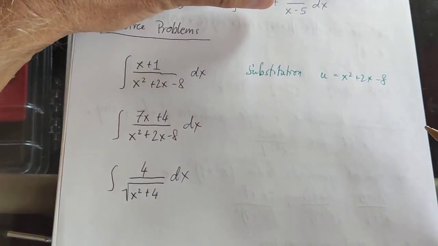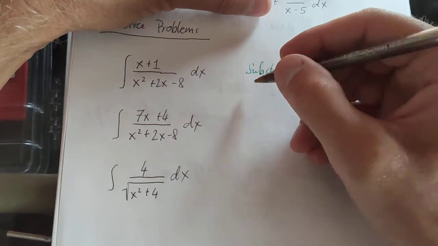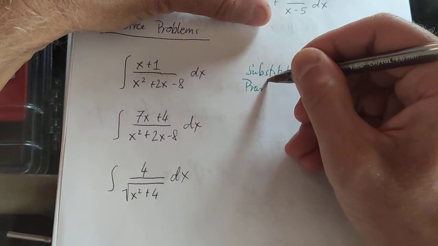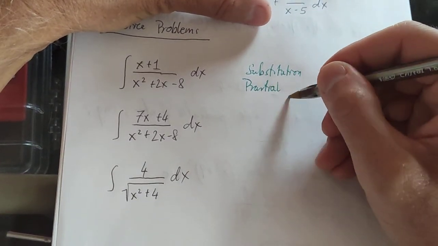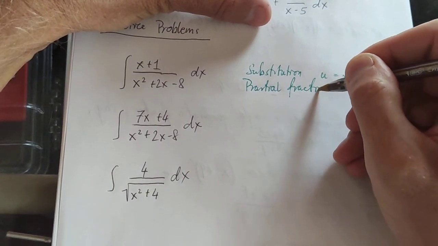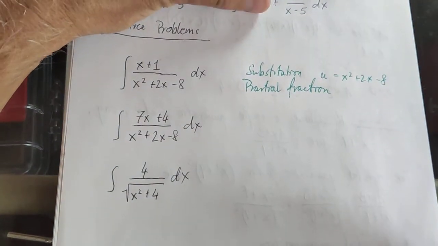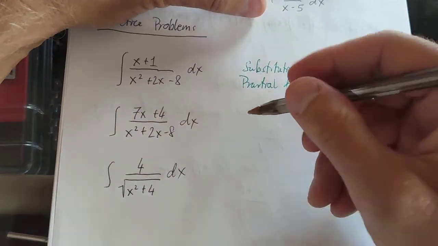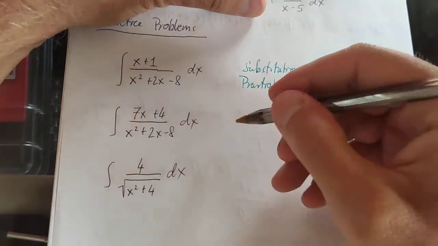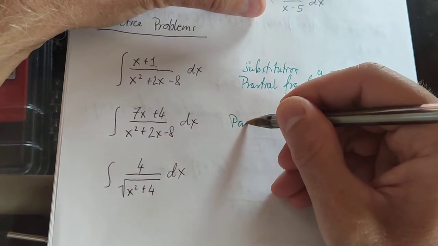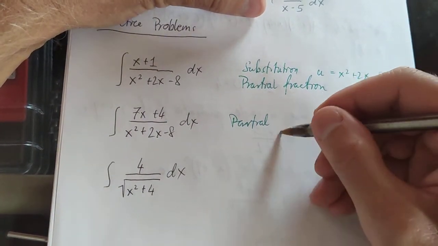You just factor 2 out. You can also do partial fractions. That's the first one. For the second one, substitution would not work, so this one is partial fraction decomposition.